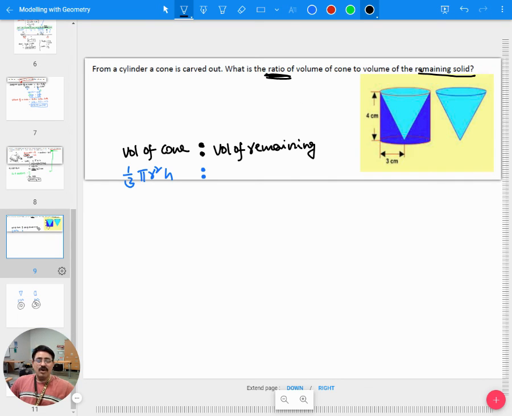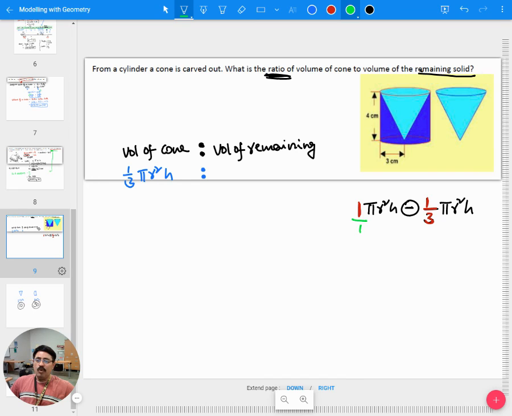Or else from the whole cylinder, that is pi r square h, if you take away the cone volume, 1/3 pi r square h, the remaining part is as simple as 1 subtract 1/3. If you are good with fractions, I'm sure you can compute easily.